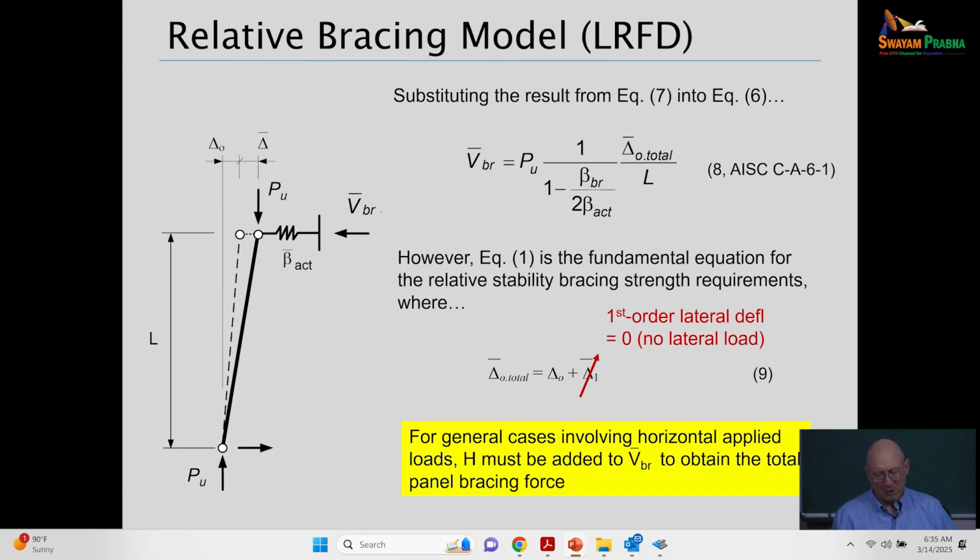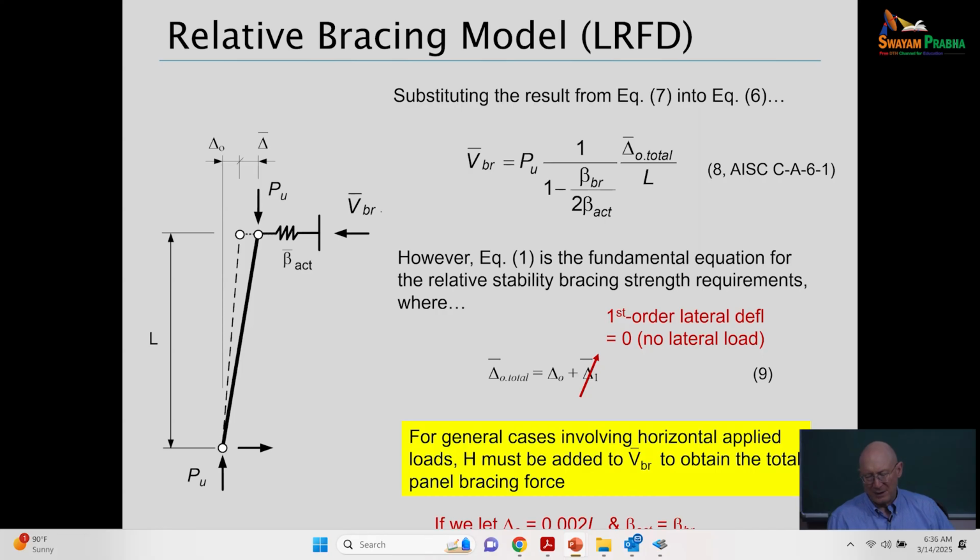We would have a horizontal load H in the bracing in addition to this stability bracing force, V BR with an overbar. And there at the bottom, we're going to let delta naught be equal to our out-of-plumbness tolerance, 1 in 500 L or 0.002 L.